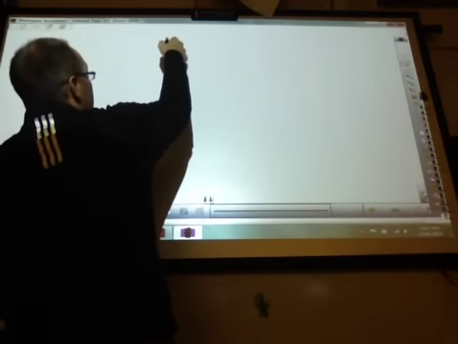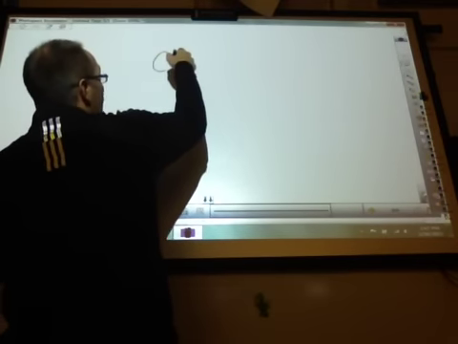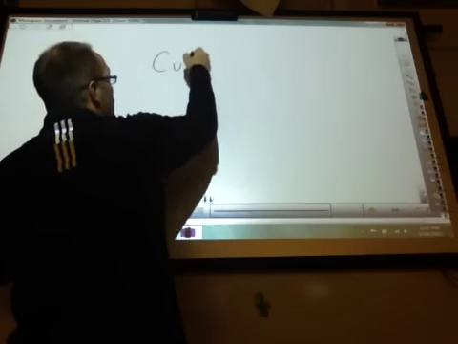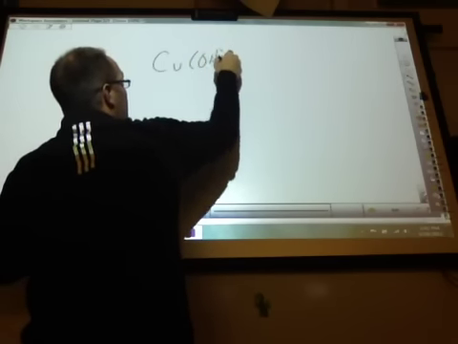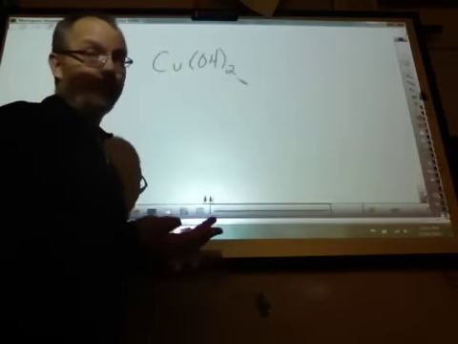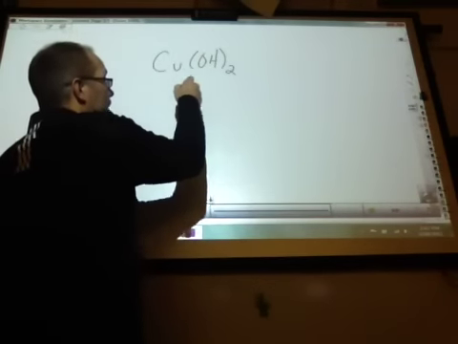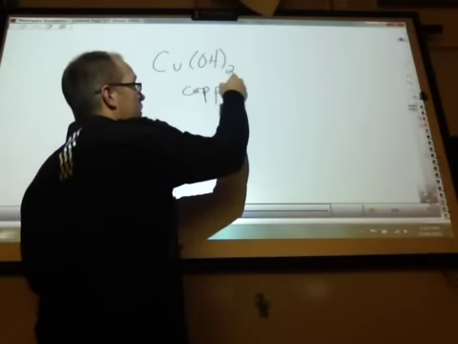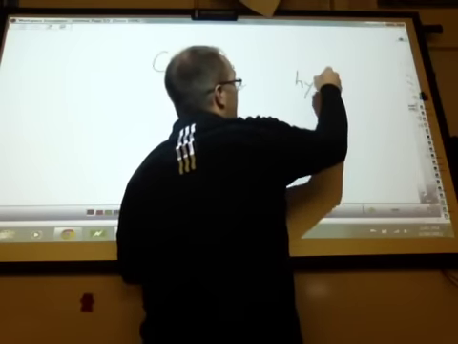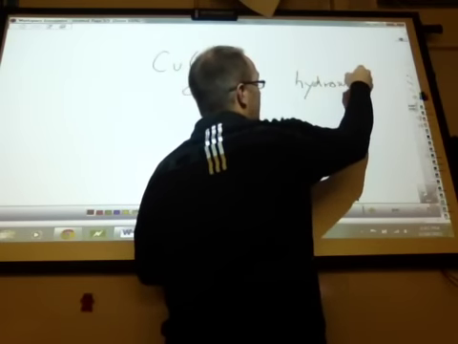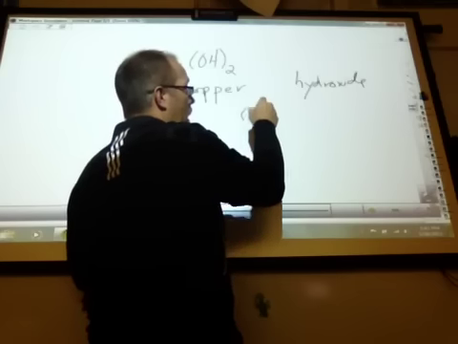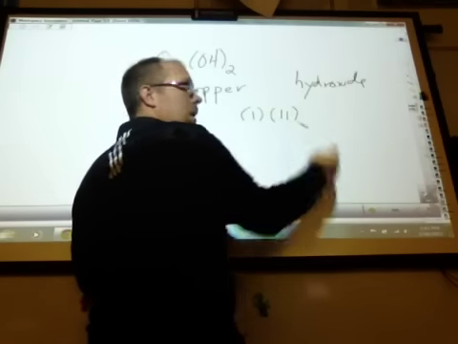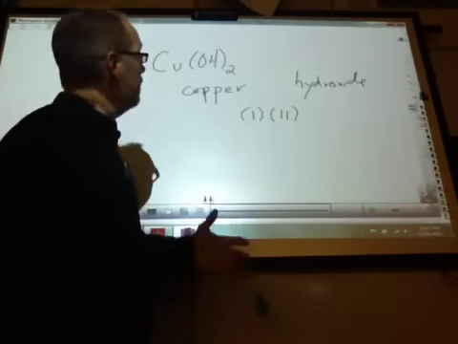Okay? Now, as we've shown before, and you learned the other day, what happens when we have multiple charges? For example, copper hydroxide. What if I have Cu(OH)2? Well, you know, there's two types of copper. And so if I wrote this name, copper hydroxide, the question would come in, is this copper 1 or copper 2? Well, we have to use that same method we used the other day.